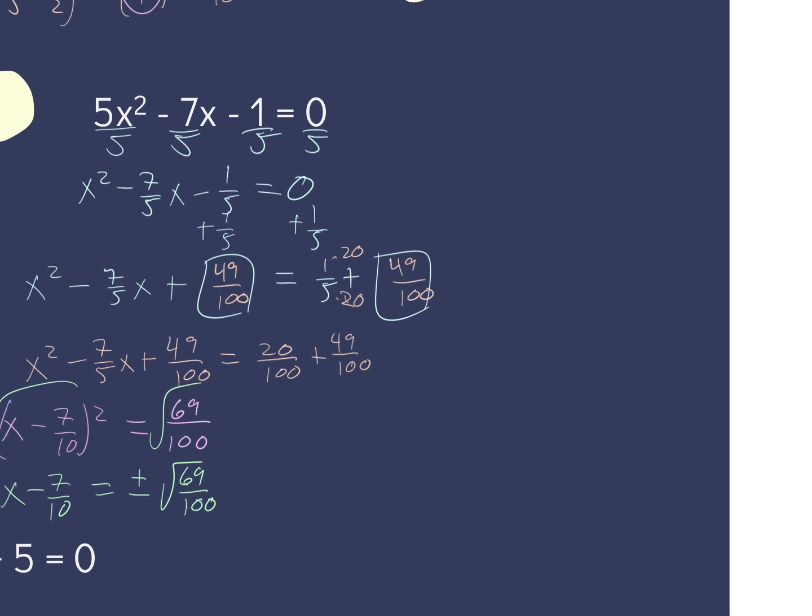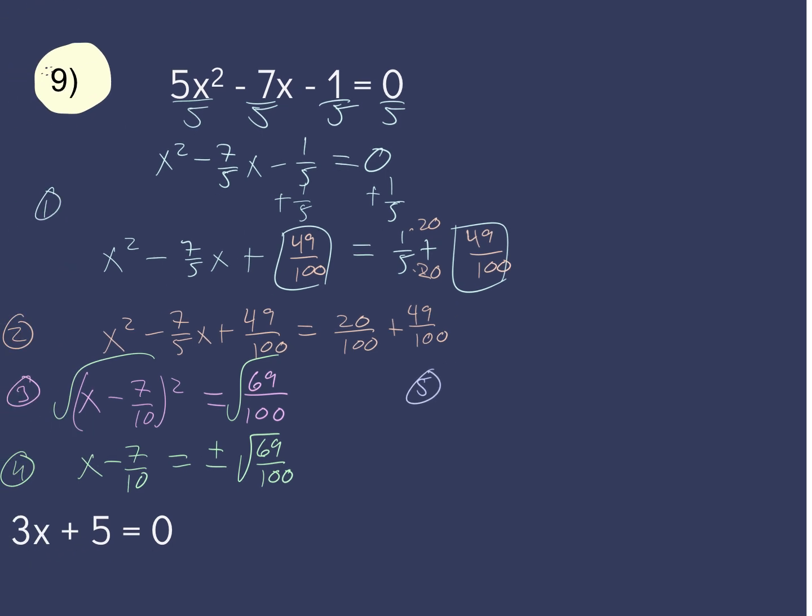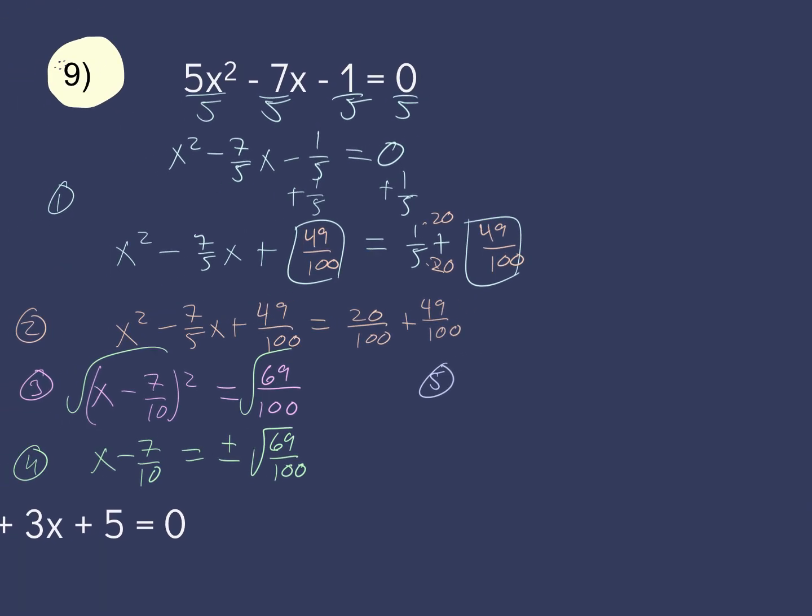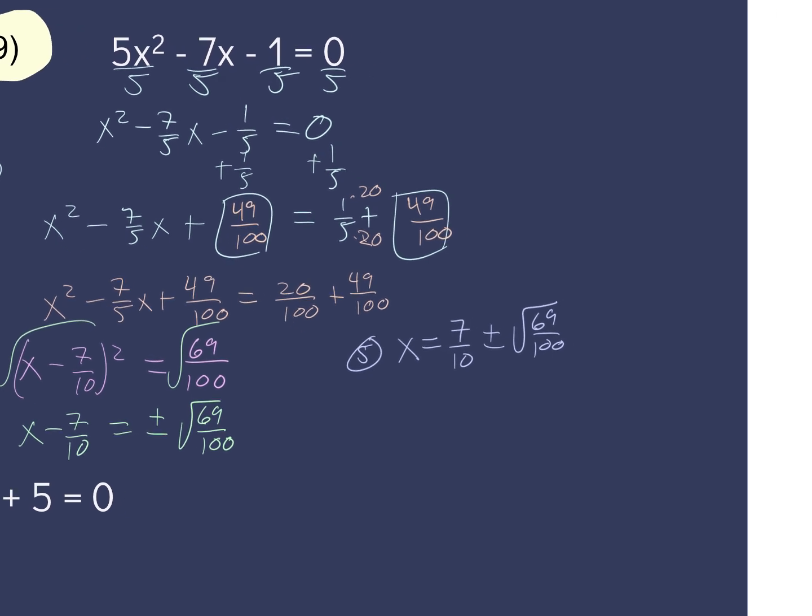The last thing we want to do is get the x by itself. So let's add 7/10 on both sides. So we get x equals 7/10 plus or minus the square root of 69/100. Now we want to simplify the radical. So we get x equals 7/10 plus or minus the square root of 69 over the square root of 100.